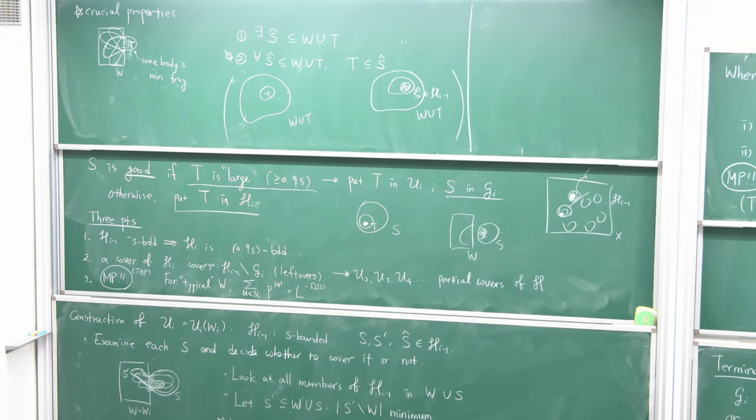Yes, so each step, what we have to do is examine all of the elements in H. Then we look at the minimum fragment, and then we decide whether we want to cover it or not. So each step, at least we have to examine as many as the size of the hypergraph.